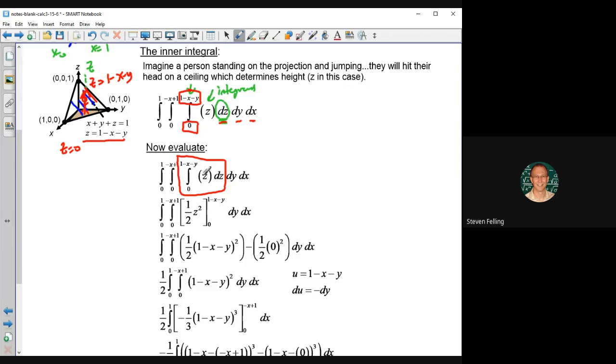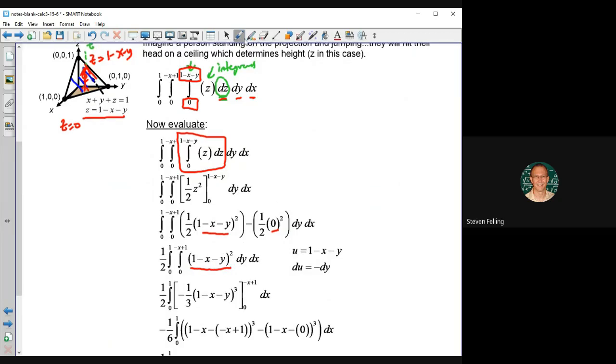If we happen to have an integrand that had x's and y's, we would just treat those as if they were numbers, like 3 or 5. So the antiderivative of z is 1/2 z squared, and then we're integrating from 0 to 1 minus x minus y. So we take our two copies and we plug in 1 minus x minus y in the left copy and 0 in the right copy. And the result of the inner integral is this, 1 minus x minus y quantity squared.